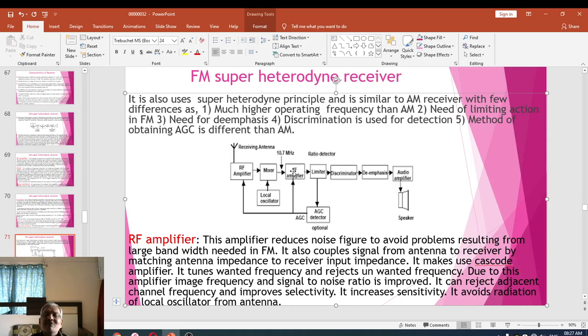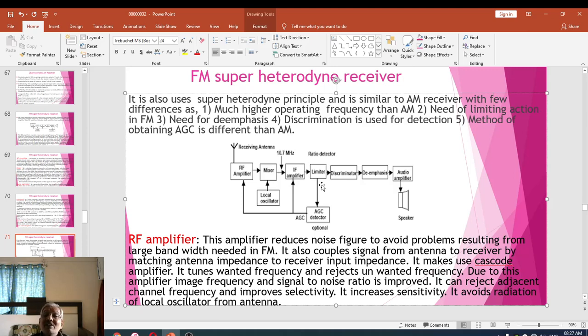It also makes use of several stages of amplifiers to amplify the intermediate frequency signal to the required level. The IF amplifier gives the amplified output voltage to the next stage, and that is known as the limiter.